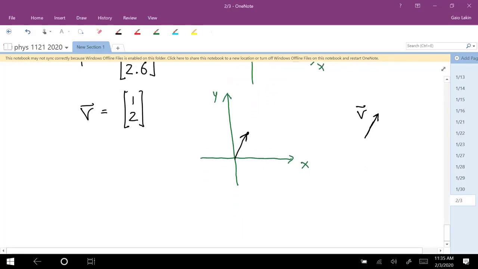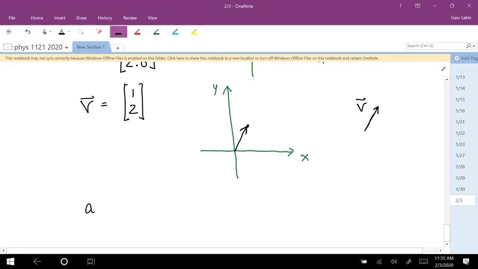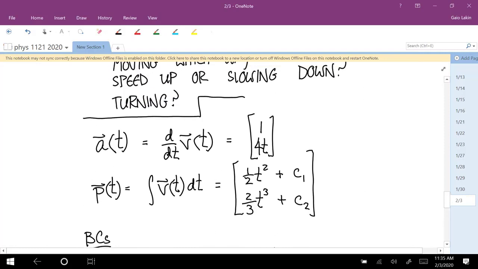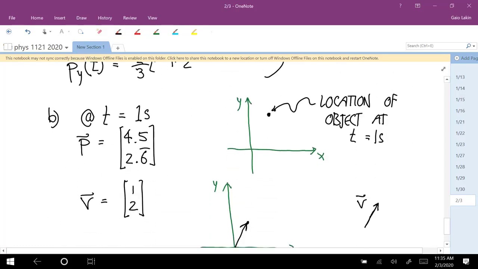And then the acceleration vector at time equals 1 second. There's no t in the x, so that just stays 1. Plug in 1 for t here, and you get a vector 1, 4 for the acceleration.